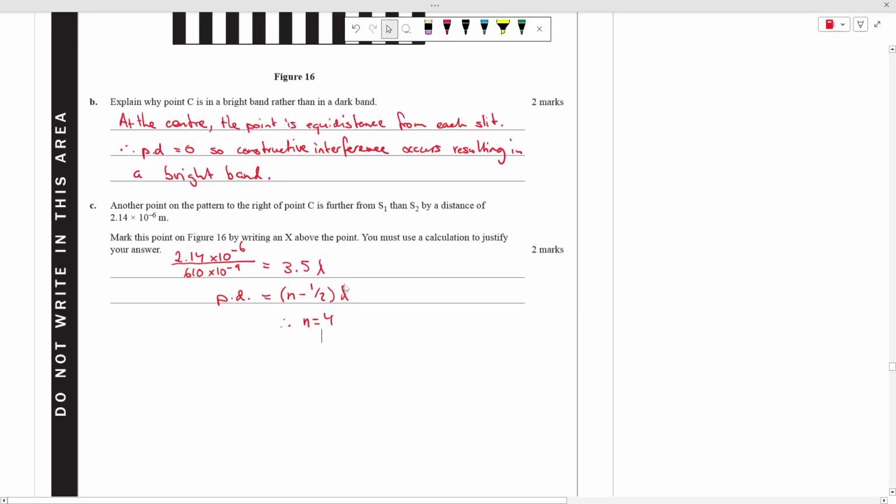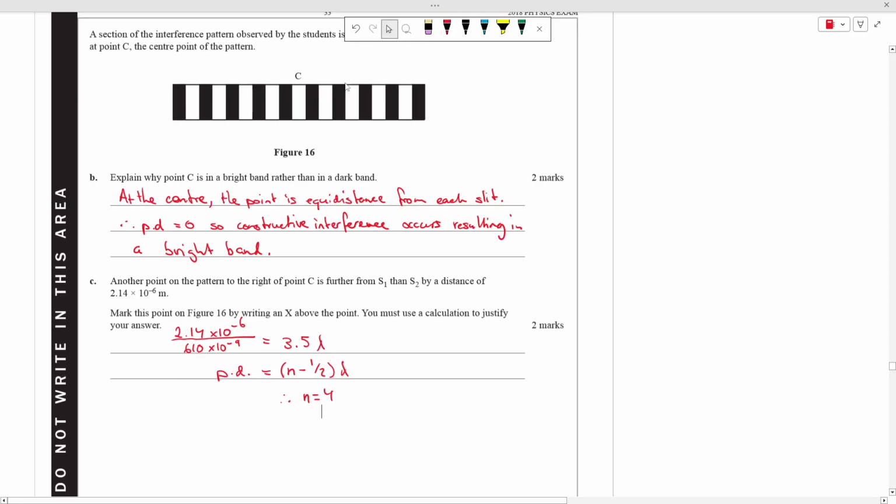So we're at the fourth dark band, 1, 2, 3, 4, from the center, and we're talking about to the right of the center. So we're going to mark that point with X. Then you can say dark band, just to make sure that the examiner knows that you know what you're doing.